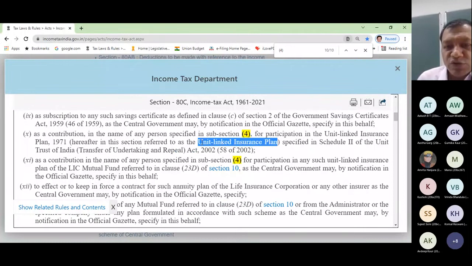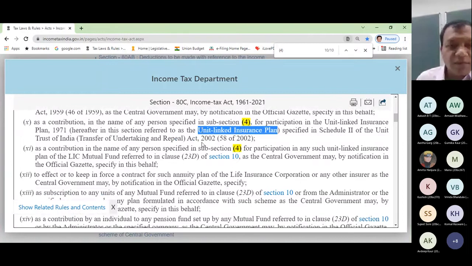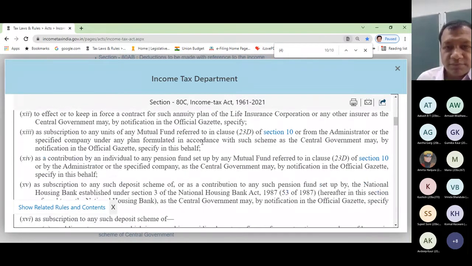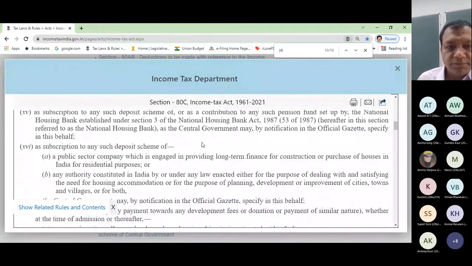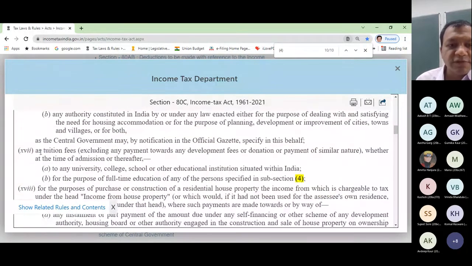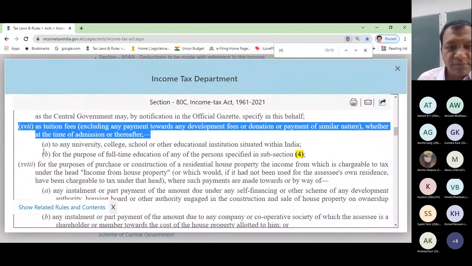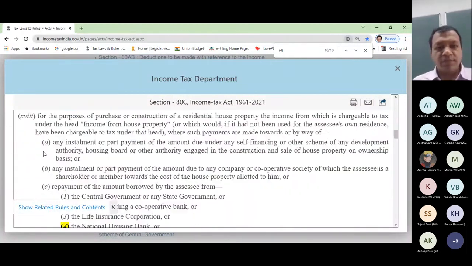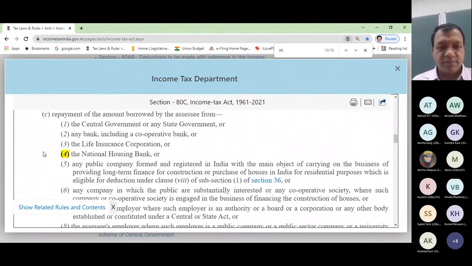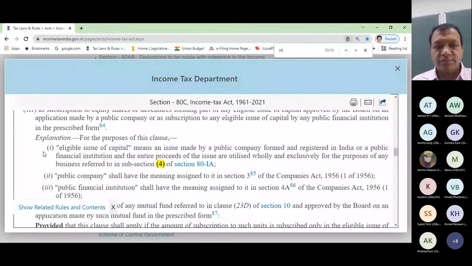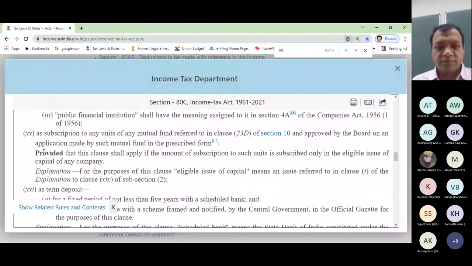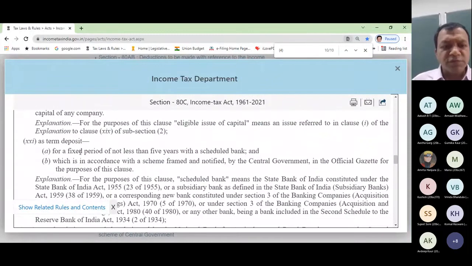Unit linked means where we have insurance, and if you have purchased mutual funds. Tuition fees. Fixed deposits.